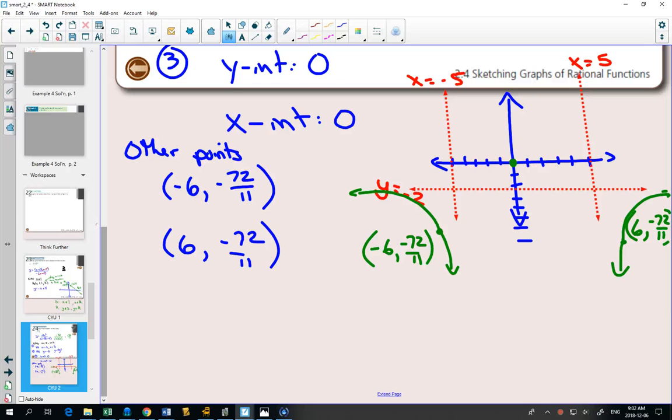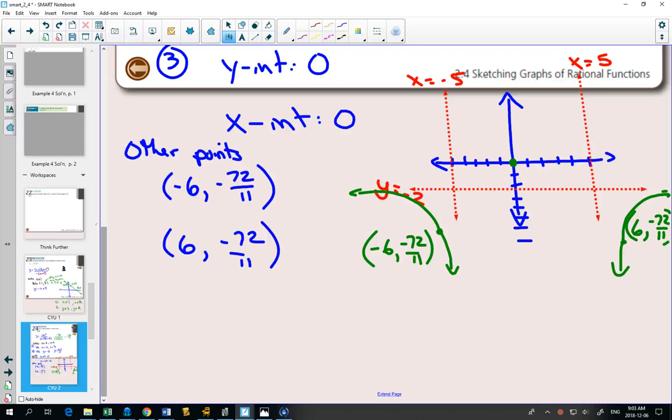Now in the middle section we have a point. We have 0, 0. But we don't know, does it go up towards both of those asymptotes? Does one go up and one go down? Is it possible to go through a horizontal asymptote in the middle of your graph? Yes. So we don't have enough information here yet.